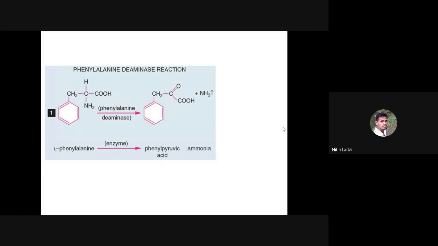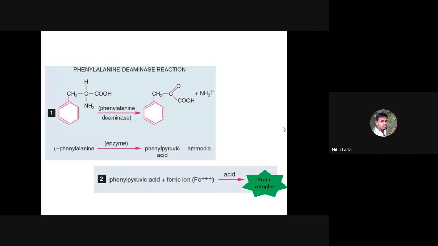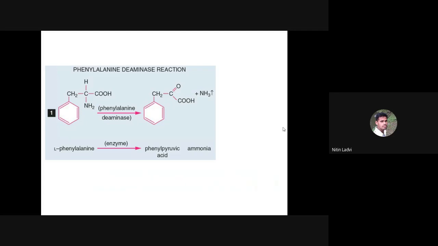You might have studied this in your biochemistry. It is one example of a keto acid. After that overall reaction, if the organism possesses the enzyme phenylalanine deaminase, we get these two end products, but these are not directly observable by any of our techniques.